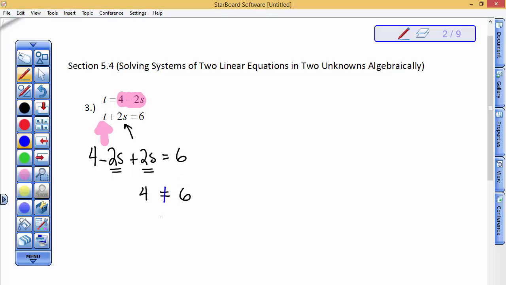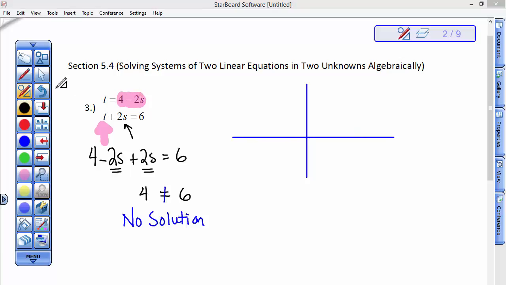If you were to graph this problem in the rectangular coordinate system, now I've got to be careful, I'll try to graph one of them correctly. So this one right here, the y-intercept is a positive 4. And the slope is a negative 2, so I'm going to go down 2 and over 1 and down 2 and over 1. So this is kind of an approximation of the graph of the first.